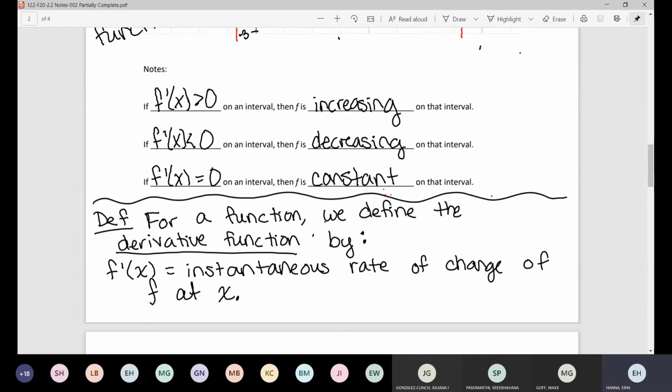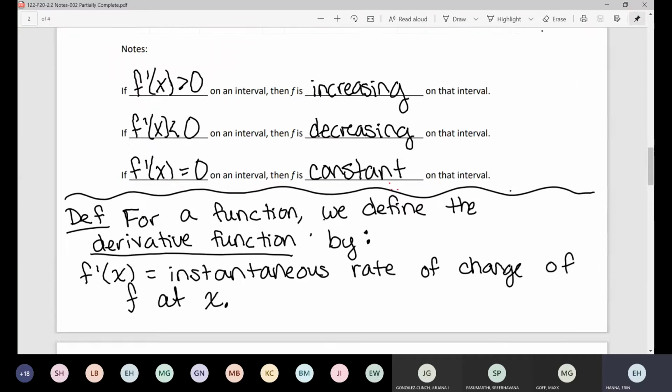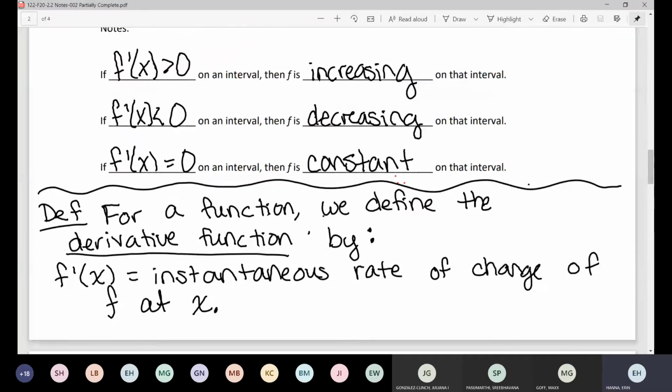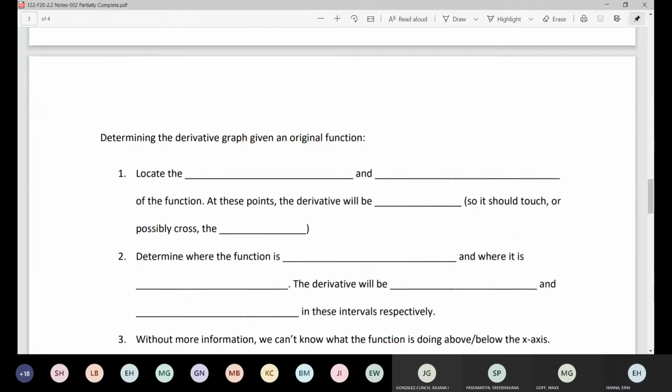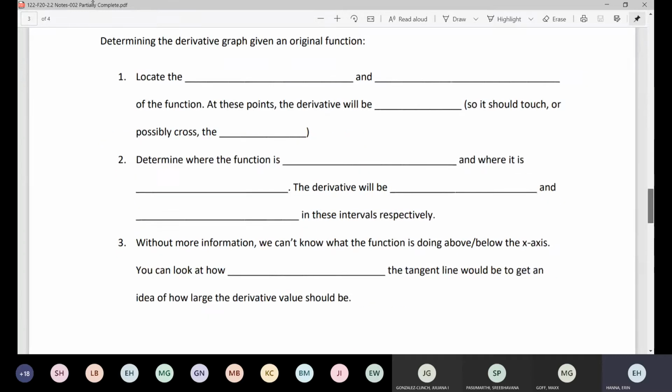So that's essentially what we're going to do now, because the main point of section 2.2 is to be able to look at a derivative graph. Sorry, both ways, even though I said it backwards this time. We're going to look at a graph, and we want to be able to pick out amongst some choices which one is possibly the derivative graph.